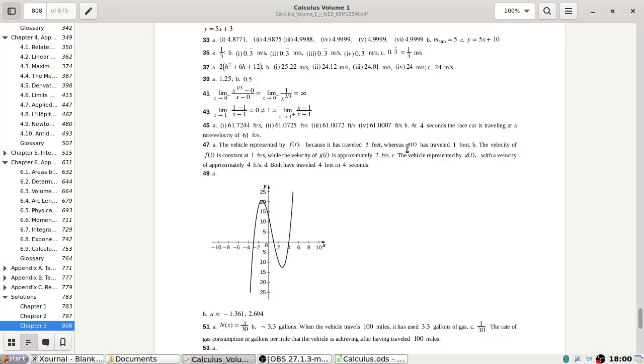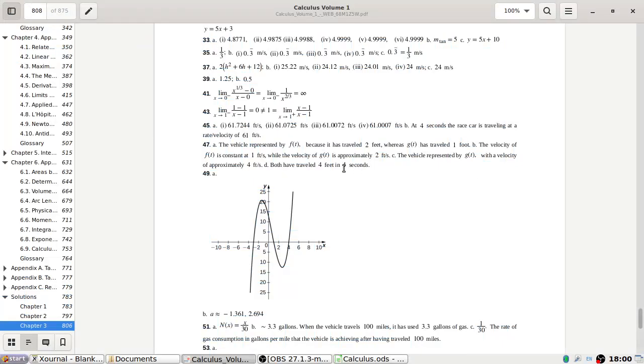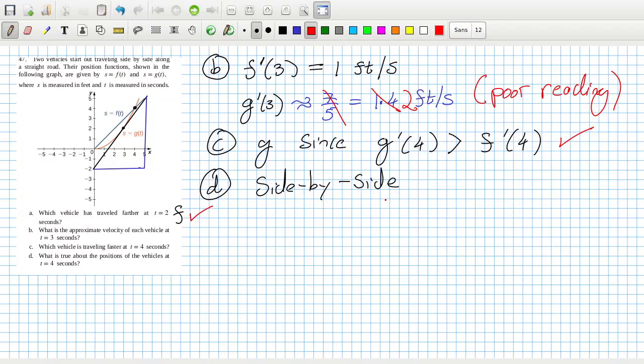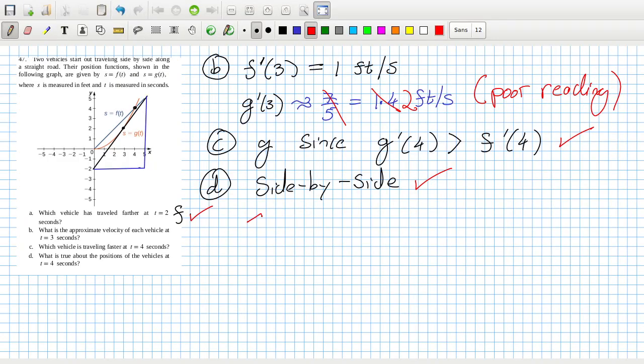Okay. The vehicle represented by g. Yep. And both have reached 4, so they're both side by side. They've caught up to each other. Okay. Actually, if you want to be more precise, g is about to overtake f.